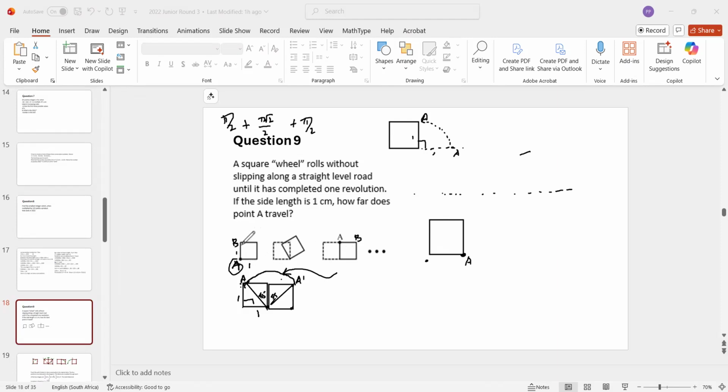A follows B. In the third round, A is here, B is here. A follows B, and then this is what happens here. A is still following B, but this time you rotate it through 90 degrees around A. And then B comes to the top.